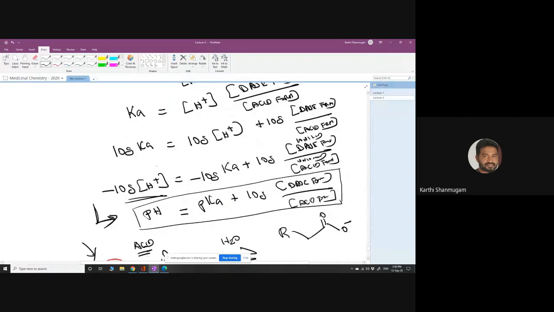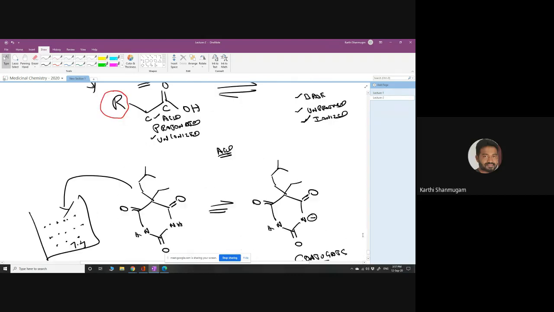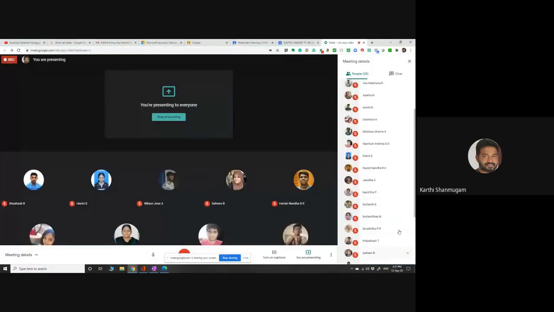If I want to use the Henderson equation to solve this, what values do I need? The pH is given, right? If we know the pKa, can I solve this problem? Yes or no? How many of you are understanding? How many of you are connected?